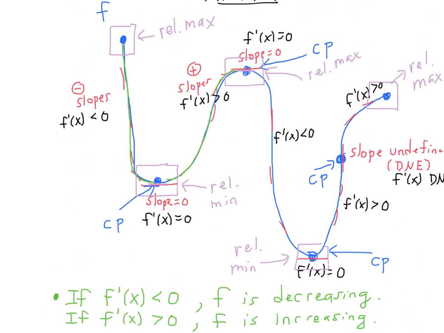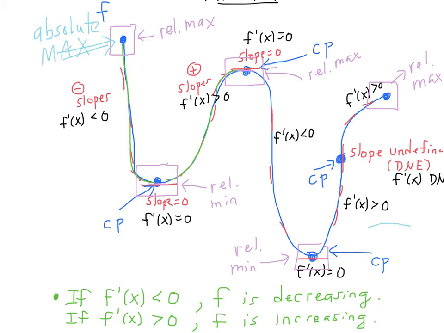So if we go back to our diagram real quick, think about which points would be considered the absolute max or the absolute min. Well, what is the absolute highest point? Well, that occurs right here. So yes, this is a relative max, but it's also the absolute max. It's the absolute highest point.